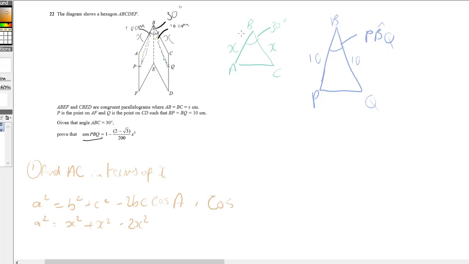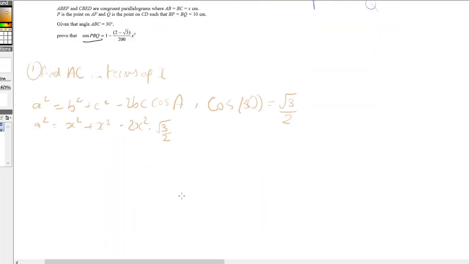and in this case a is 30, equals the square root of 3 over 2. So I have the square root of 3 over 2. And we finish this off. It's collecting like terms. 2x squared.